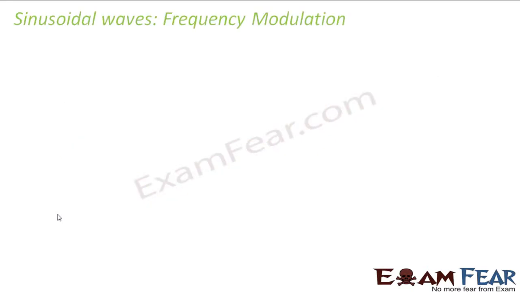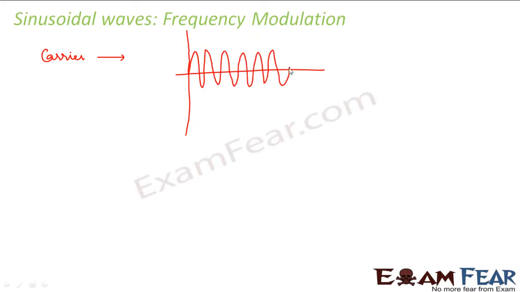Okay. Now let us look at frequency modulation. How frequency modulation happens. Here also we will follow the same process. For this also we need a carrier wave. How will the carrier wave look like? It will be a high frequency wave, somewhat like this. So this is a carrier wave. Now I also need a message signal.